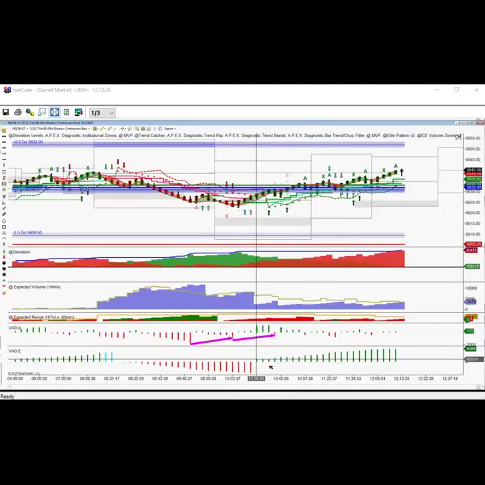So this is less about how much volume; this is more about the trend than it is about the volume right here, I guess is the best way to put it. This up here is a little bit more about the volume, in the sense that we're looking for that divergence in the market.